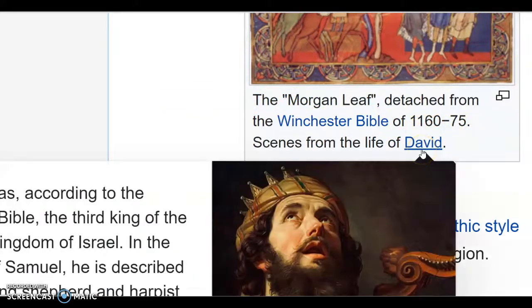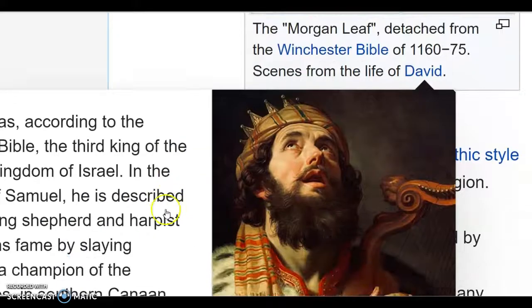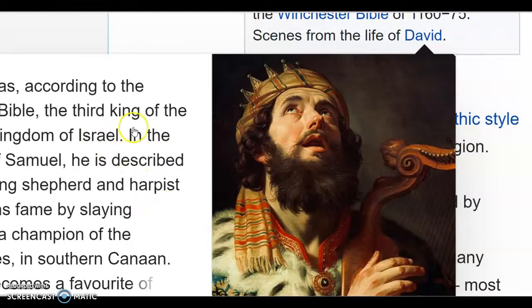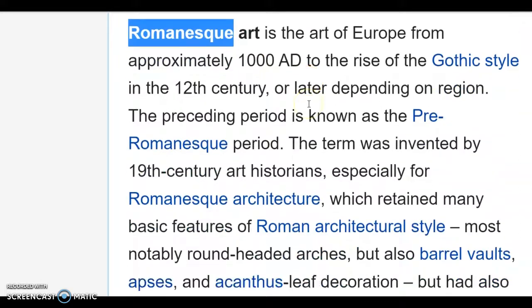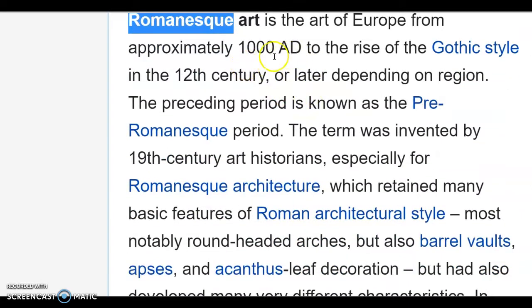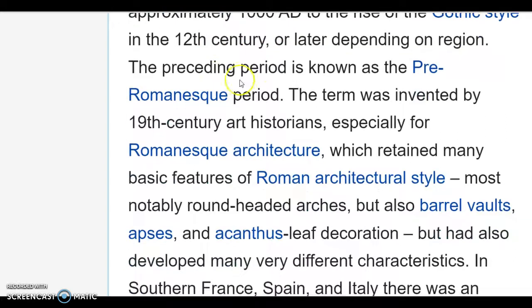The life of David, the third king of the United Kingdom of Israel, right? And Romanesque art from these times, apparently. But as we say, the term was invented by 19th century art historians.